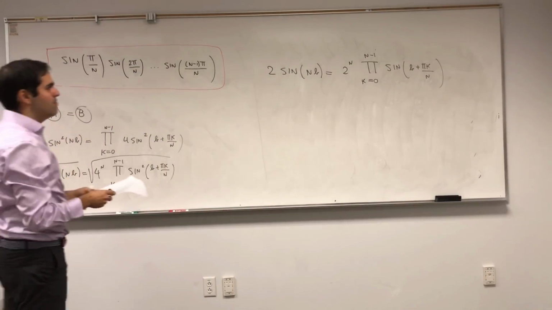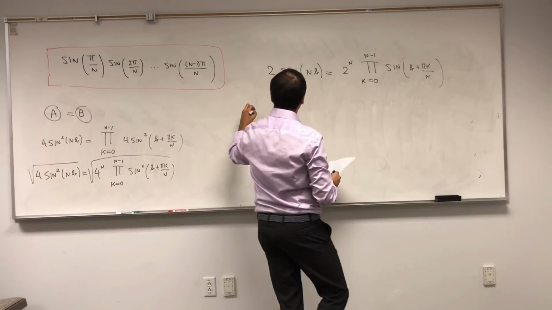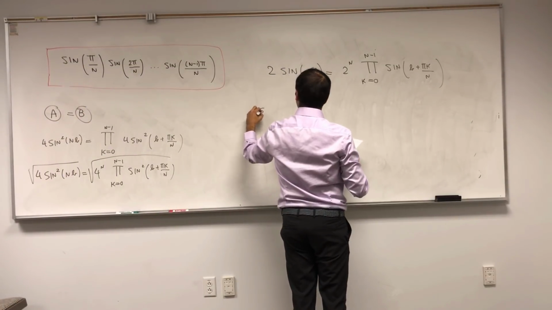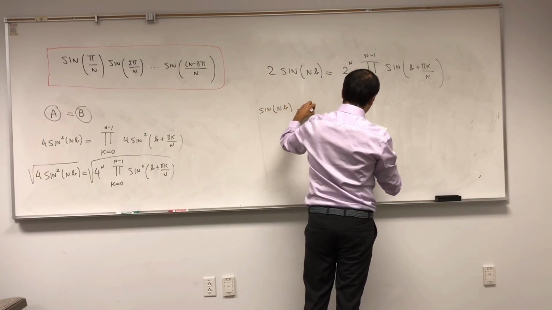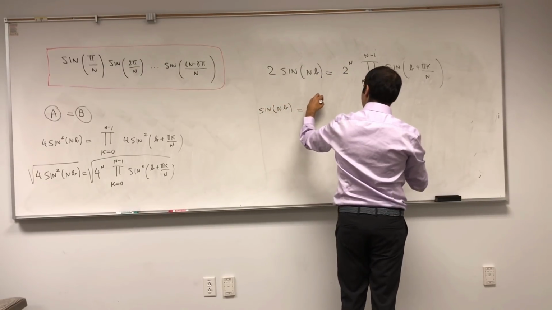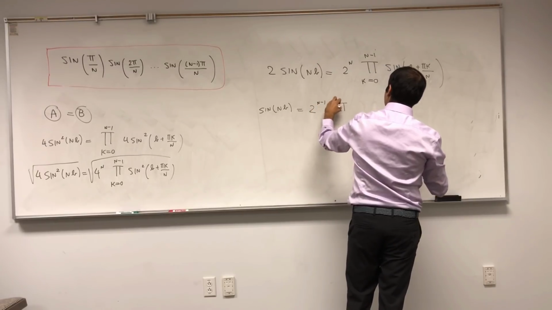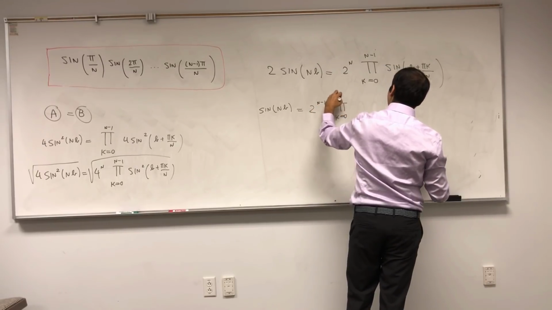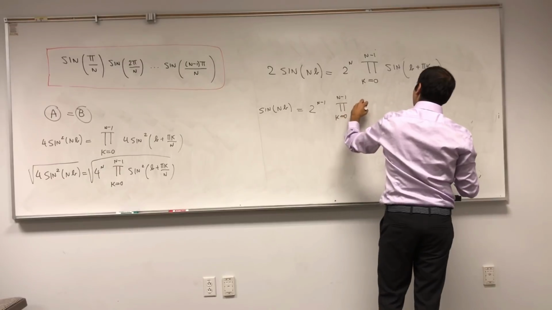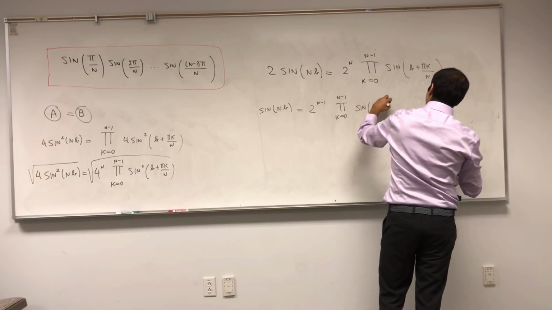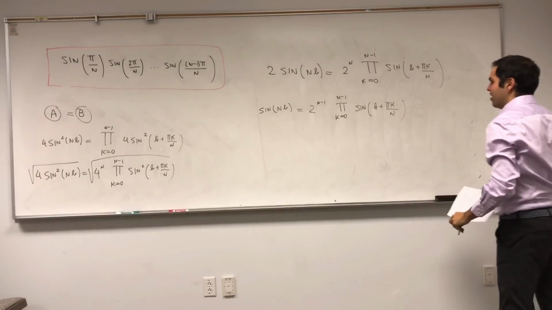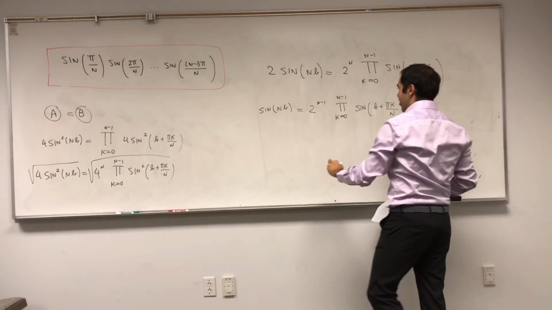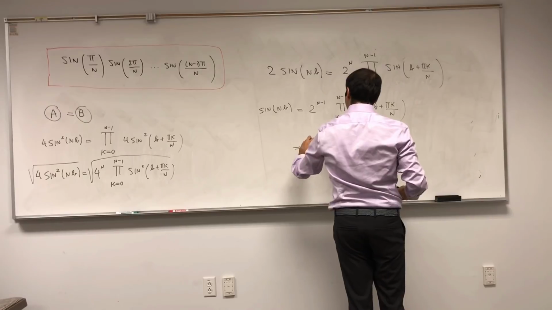And of course, you can simplify this a little bit, just a little bit. So sine of nb becomes 2 to the n minus 1, product from 0 to n minus 1, sine of b plus pi k over n. Which really becomes, let's just write this product out.